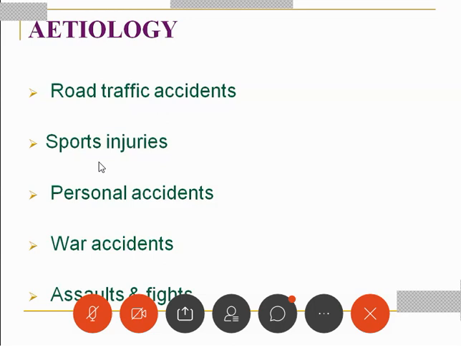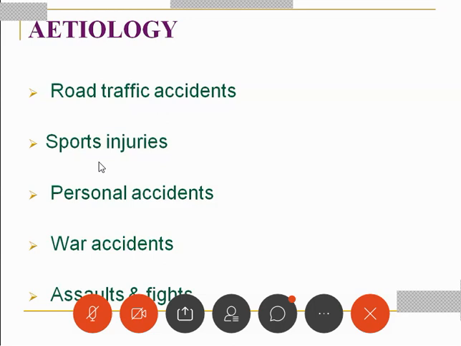Whenever you have any type of injury to the face, the nose will definitely be included, or you will have a lone nasal injury. Facial injuries are never without an injury to the nose. Very rarely it happens.